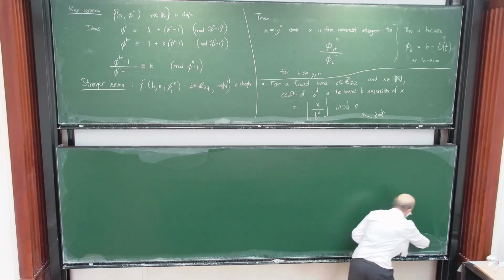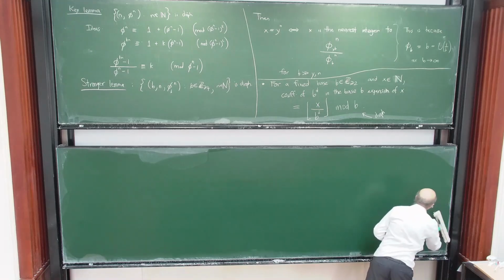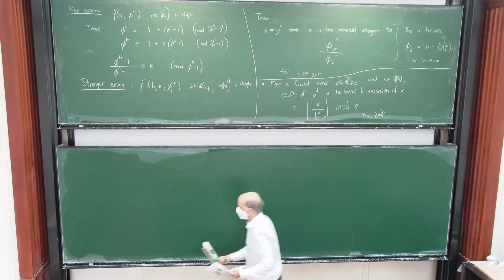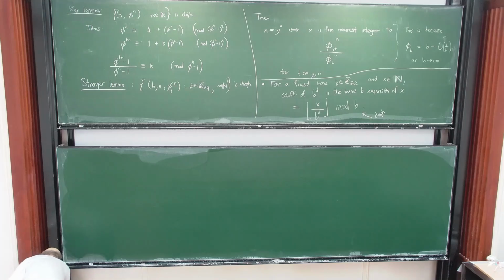Did anybody figure out how to do binomial coefficients? You introduce a really, really large number that's effectively a variable.